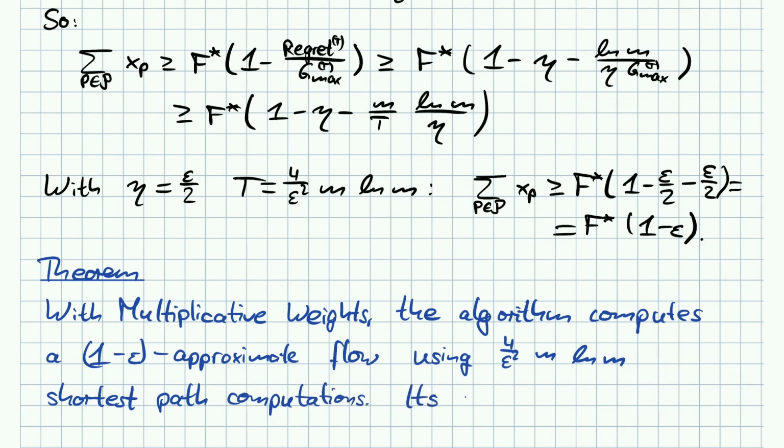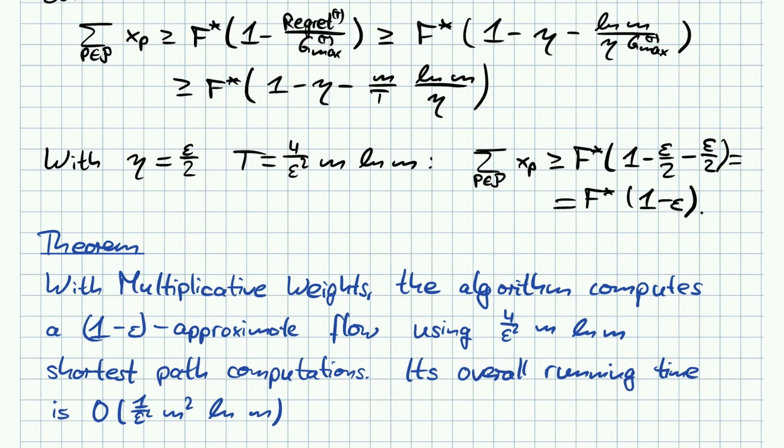Its overall running time is O of 1 over epsilon squared times m squared times ln m. How am I getting there?